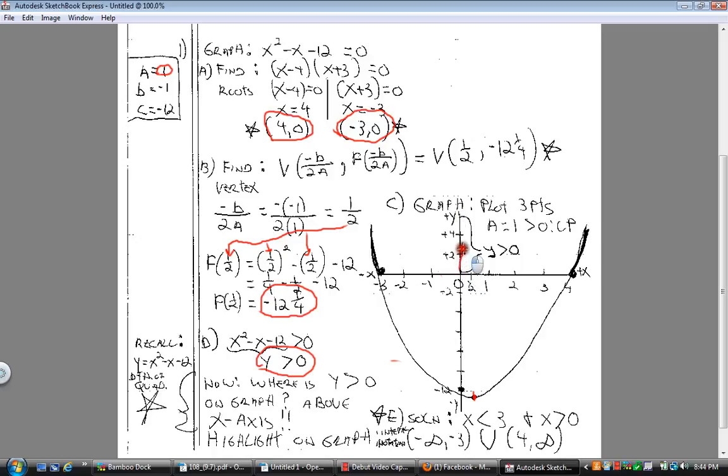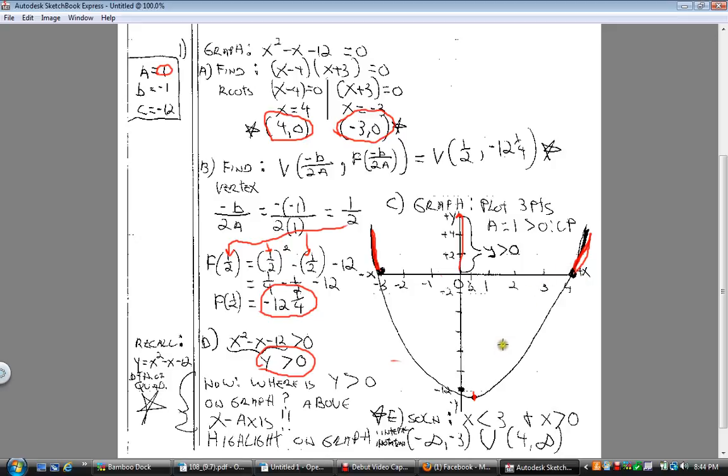And that puts us vertically on this portion of the y-axis. And when we look on there, we want to go find where does our parabola go above y equal to 0. And that puts us, what I've shaded in here, in a heavy black area. And that zone is where we're going to find a solution set here.